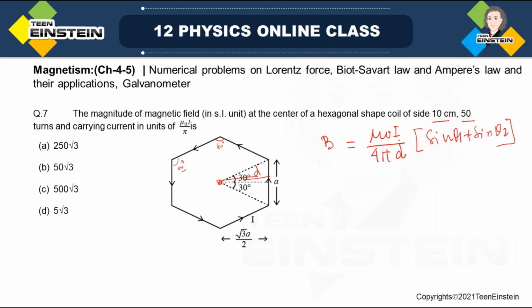So here, you have to calculate the magnetic field in the unit of mu 0 I by pi. So this part we don't bother about. Now let us say this part 1 by 4d, and this part is sine theta 1 plus sine theta 2.